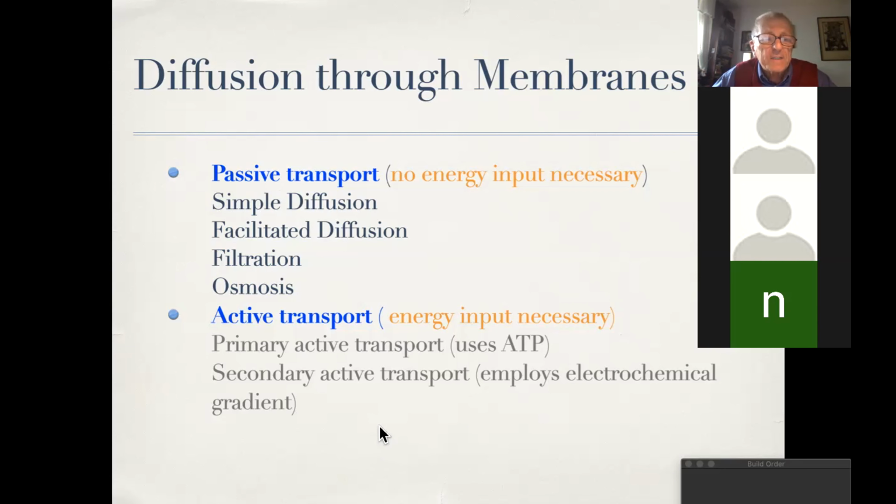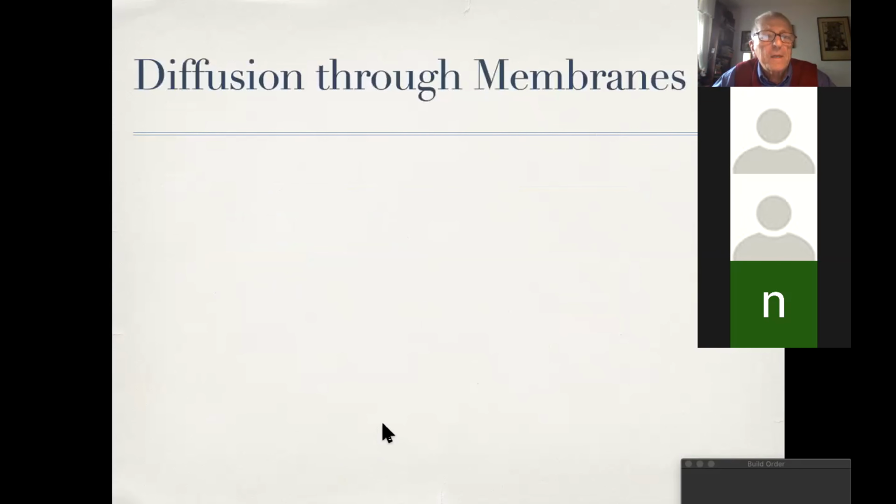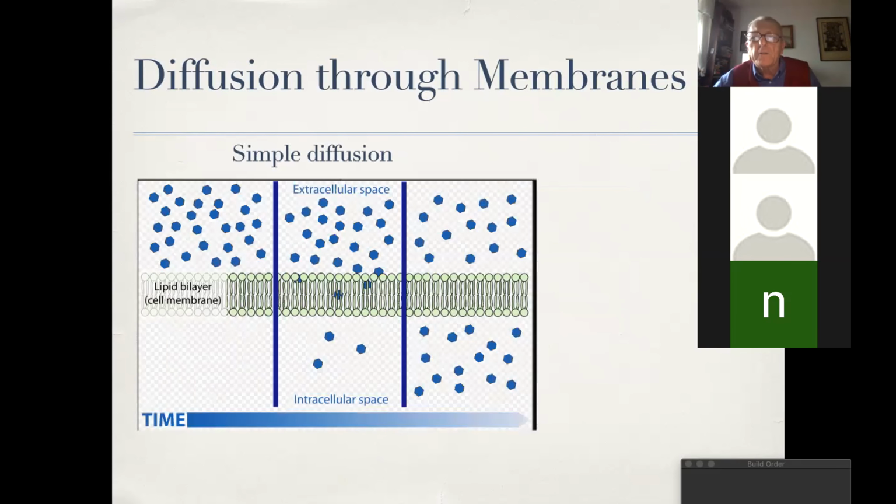All right, so let's talk about it. Diffusion through the membrane, simple diffusion. This is the picture. I took these pictures from some biological literature. This is the axis of the time.